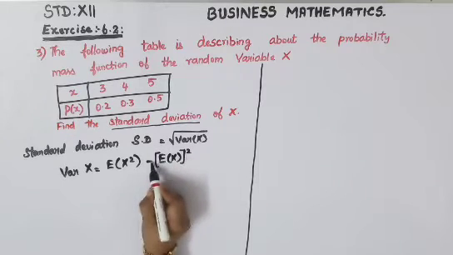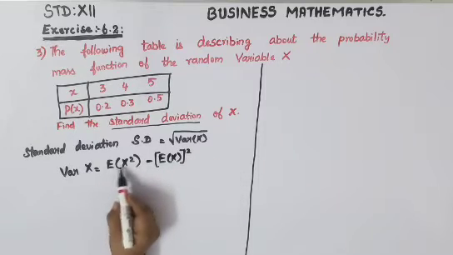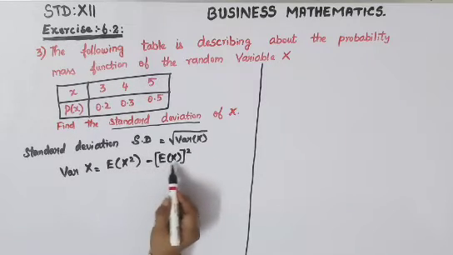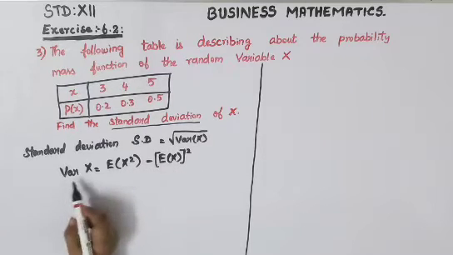Just see the difference: here square is inside and here square is outside. E of x square you will have to find, then E of x the whole square you will have to find. Then subtract both, you will get your variance of x.